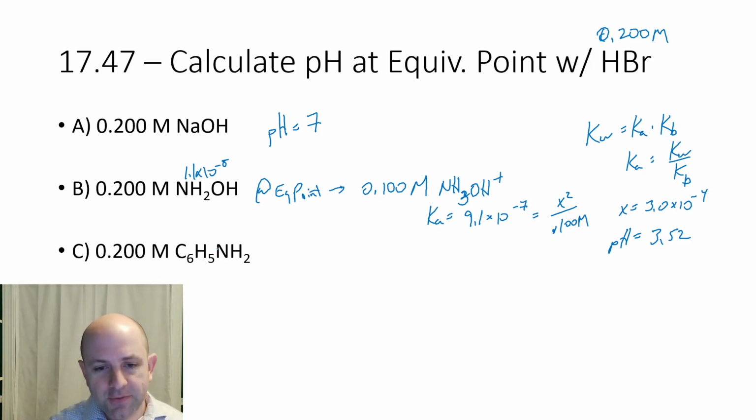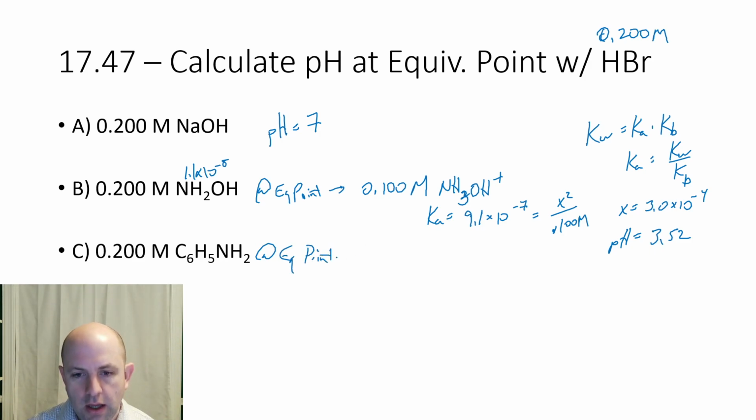All right, same thing is going to happen here. This is aniline, it looks like. So at the equivalence point, with this one, again, it's going to be 0.1 molar because it's going to be equal volume, so each molarity drops in half. And it's going to be C6H5NH3+.